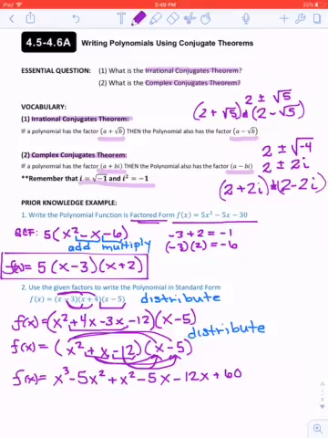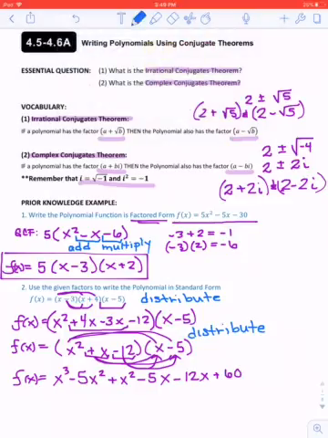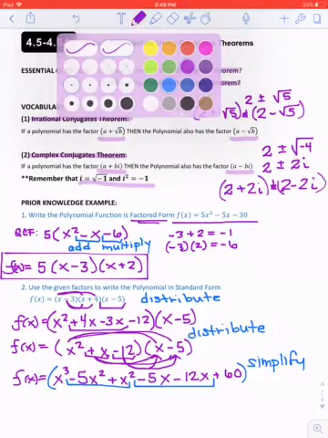I always double check to see if you can simplify. So my parentheses, this is all now one set, so I can simplify. Some x squareds I can combine and some x's I can combine.